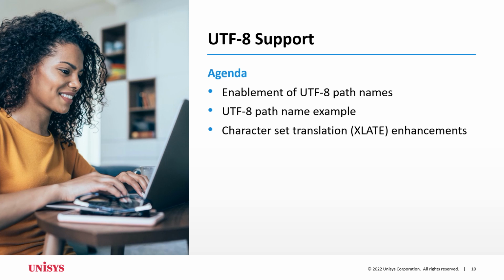We'll cover how to enable UTF-8 path names, show examples of path names, and touch on XLate enhancements. You can use new profile variables of lang and LCC type along with the variable setting of UTF-8 to enable this new encoding.